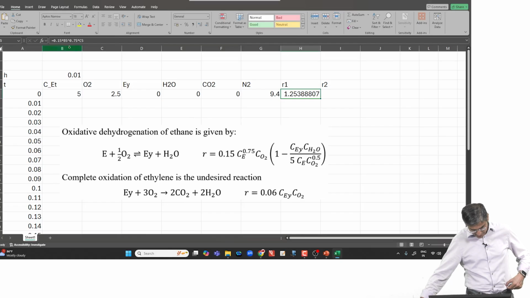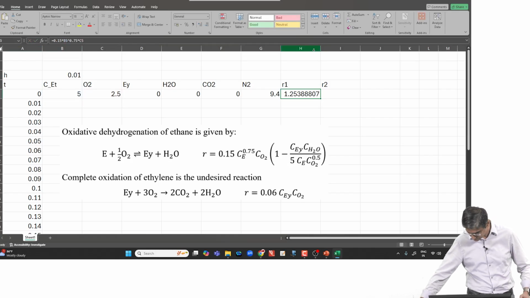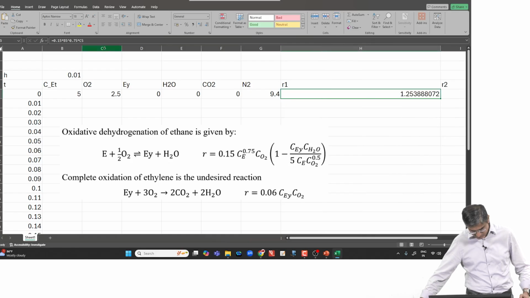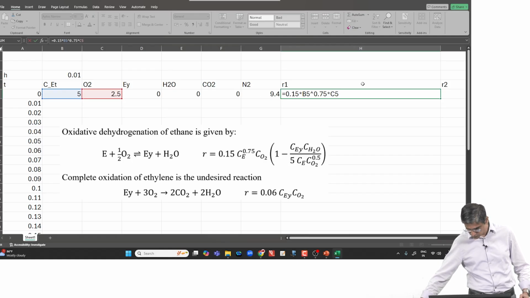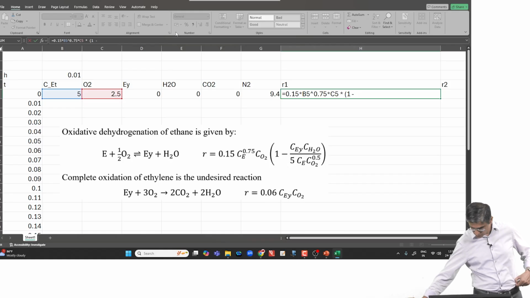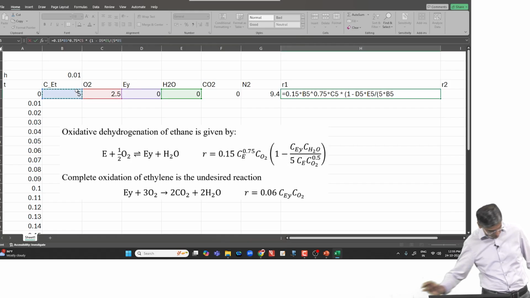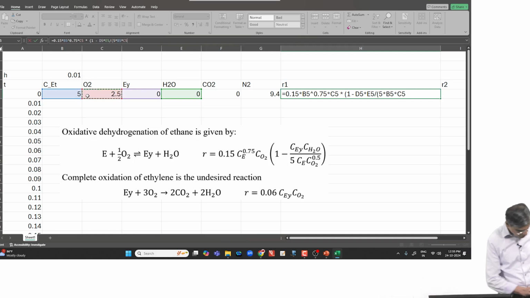So the reaction rate is 0.15 multiplied by concentration of ethane to the power 0.75 multiplied by concentration of oxygen, that multiplied by 1 minus ethylene into water divided by 5 into ethane into oxygen to the power 0.5.